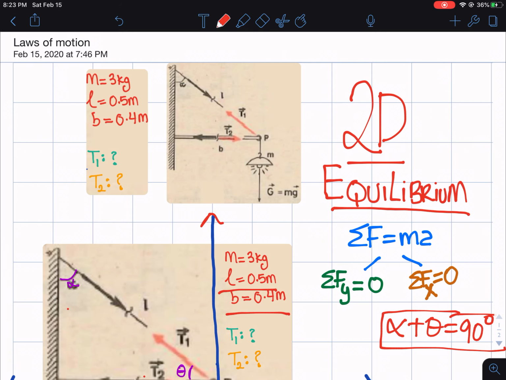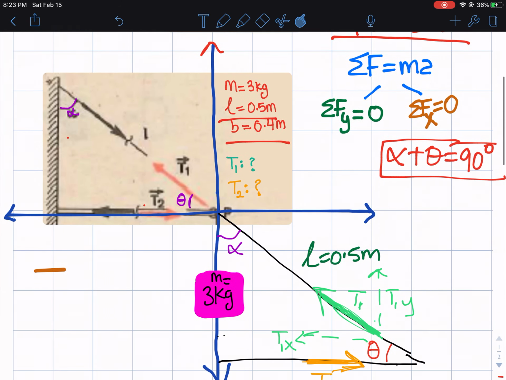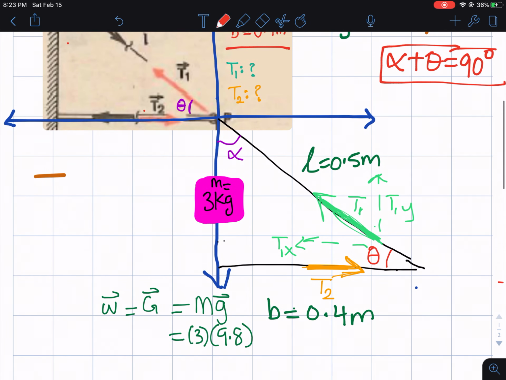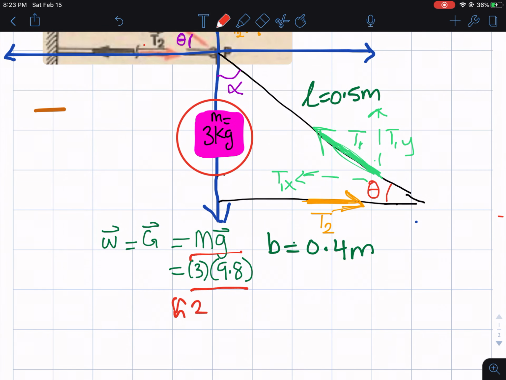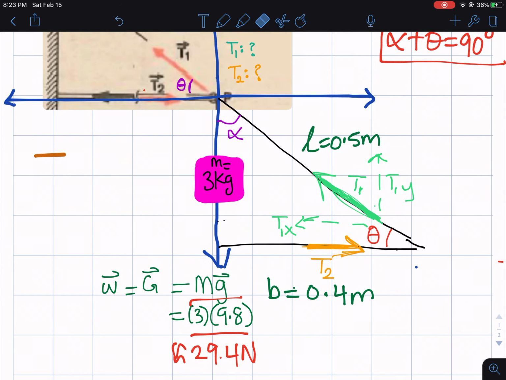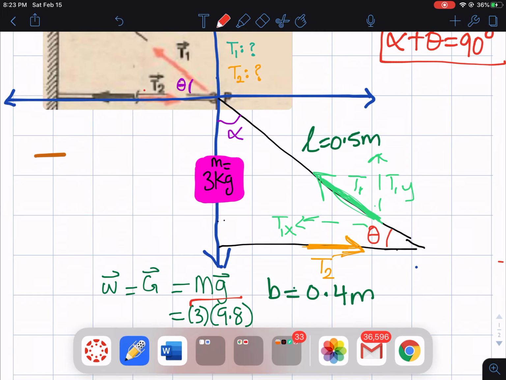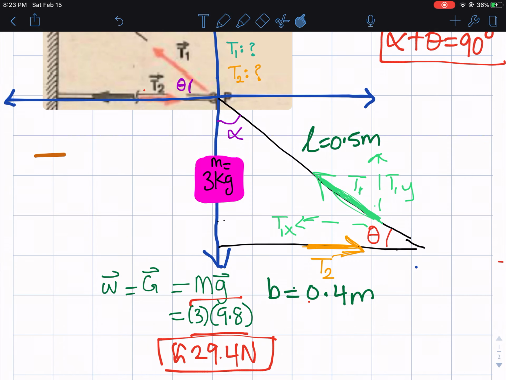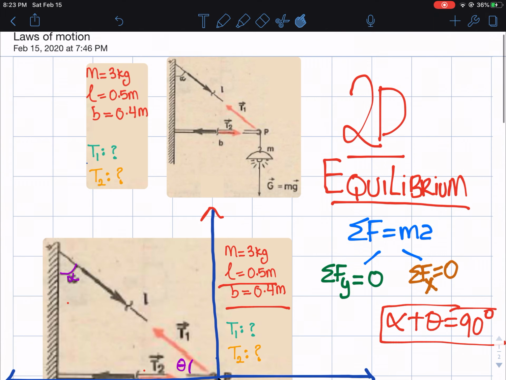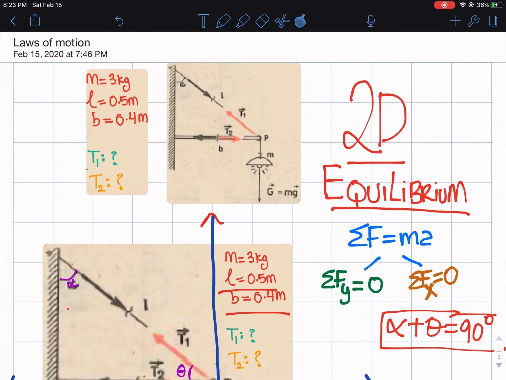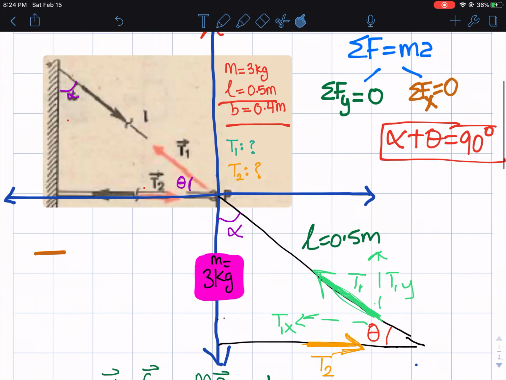So the first thing we should do here is realize that since our mass is 3, our weight, or our mg, will be 3 times 9.8. That is approximately 29.4 newtons. After you've established that you have your mg, your weight, I'm going to go back and forth between the original picture and what I've derived here.